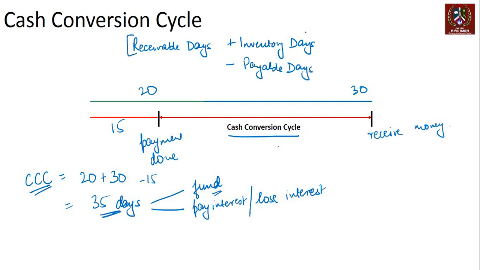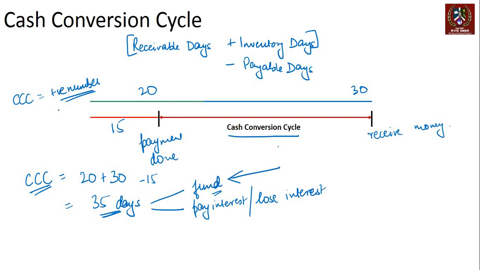So receivable days plus inventory days minus payable days is going to give you the cash conversion cycle. If CCC or cash conversion cycle is a positive number, you're effectively looking at positive working capital and you are funding your business during that period, right?